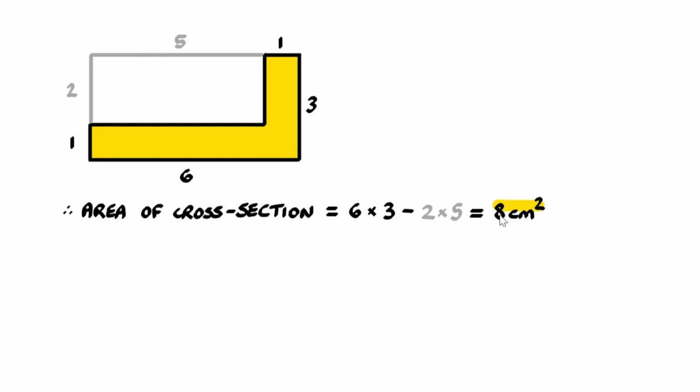So to find the volume, we have the cross-sectional area, 8. We then multiply this by 4.